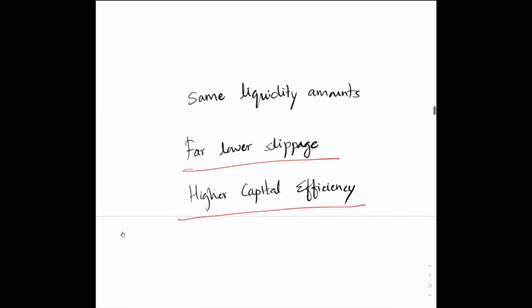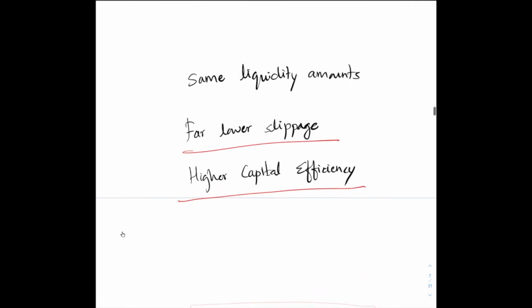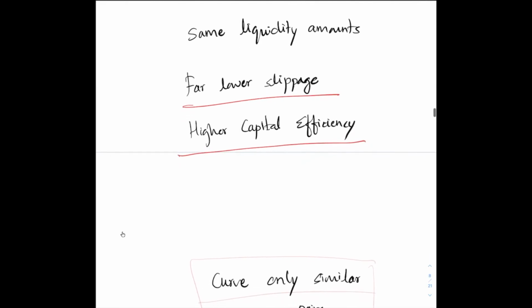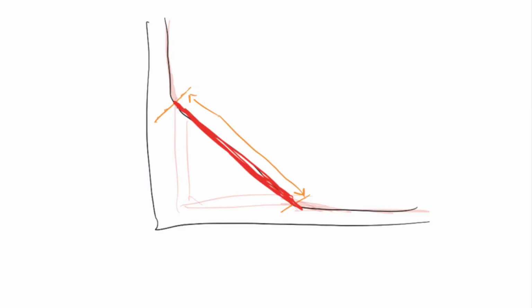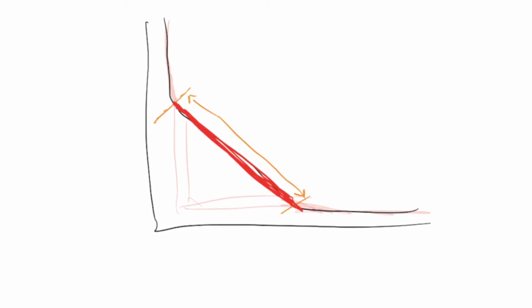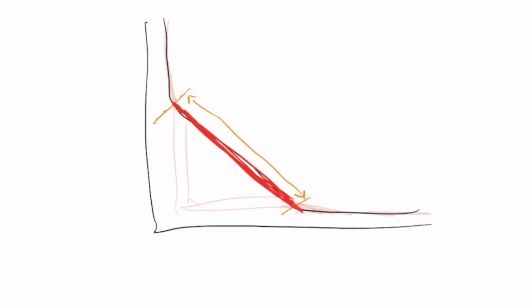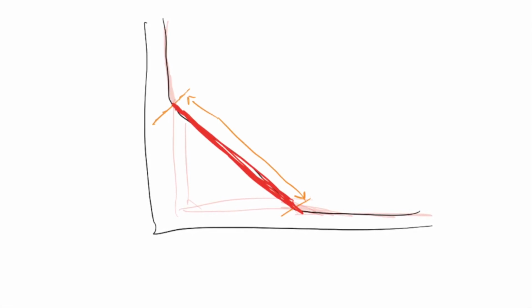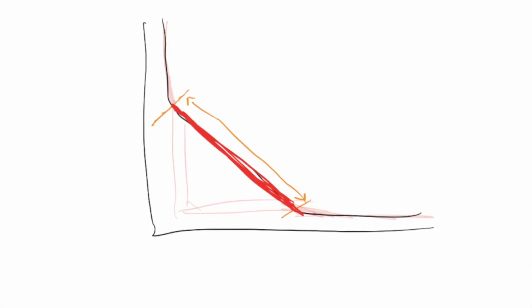What that means for liquidity providers is more trading fees, and for the people who are going to trade, it means low slippage. And for USDO, what it means is USDO will be able to stay at the peg with lower liquidity amounts.